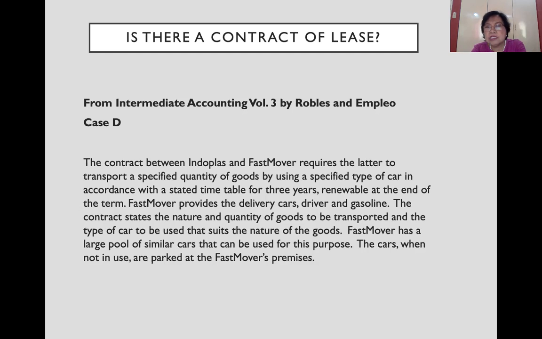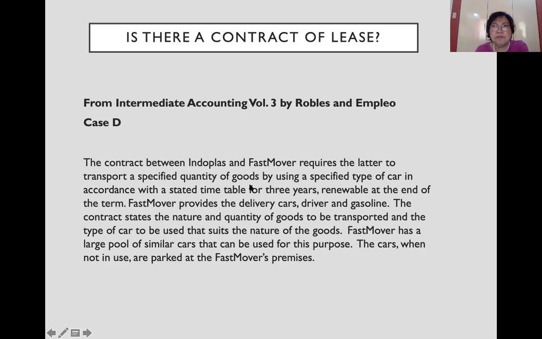The cars, when not in use, are parked at the Fast Mover's premises. Okay, so first question, is there an identified asset? What is specified here is only the type of car that may serve the purpose of Indoplus. Other than that, it is still the Fast Mover that controls the right to use the asset, because these cars are still parked within the vicinity of Fast Mover.